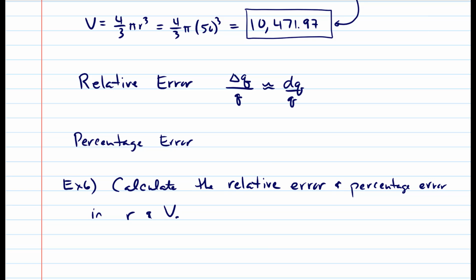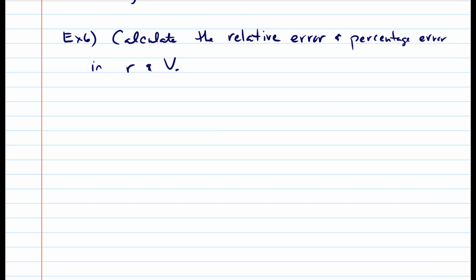That's it, so give me those. Calculate the relative error and then also calculate the percentage error. I'll just put RE for relative error. We need the relative error for R, and then we also need the relative error for V.